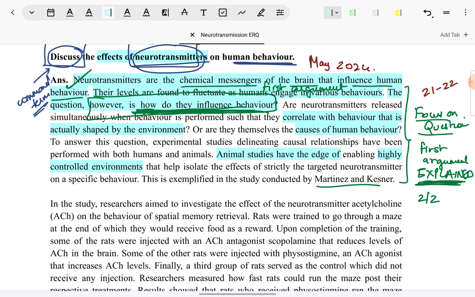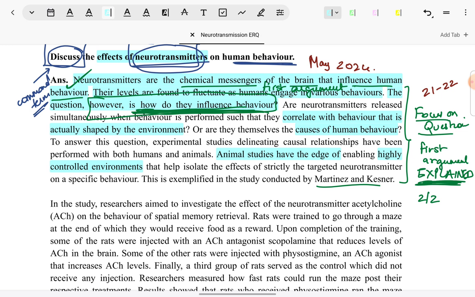Every point that you make has to be connected to the previous. So when I'm going from a broader argument into a specific study, I have to show how that study is coming in that place, what justifies using that study for that particular argument. That is what I have done by pointing out why animal research is used in the case of neurotransmitters.